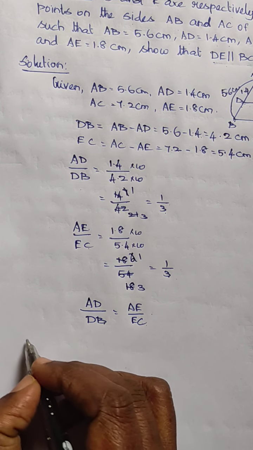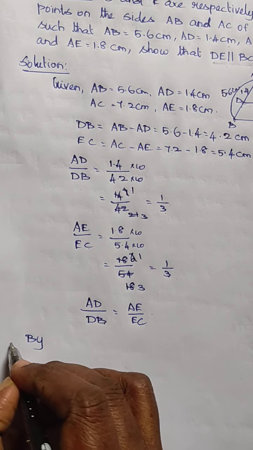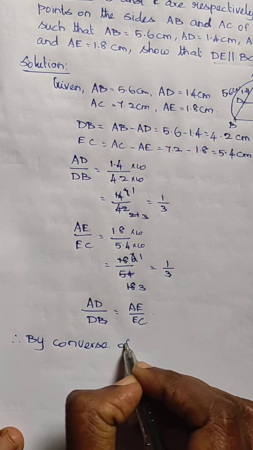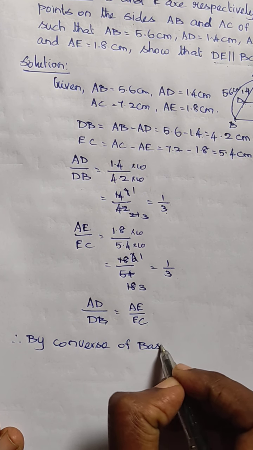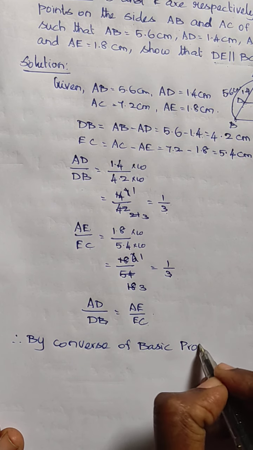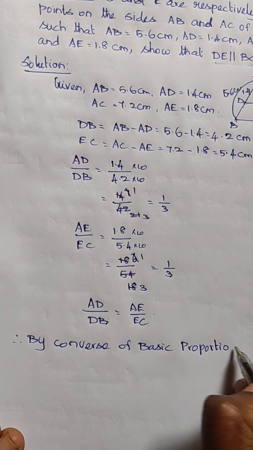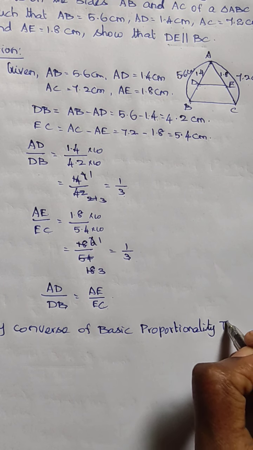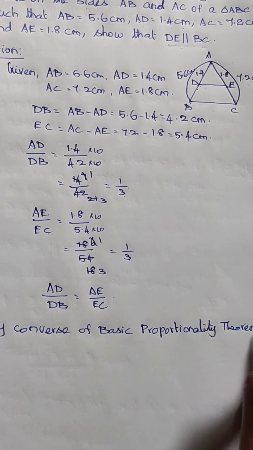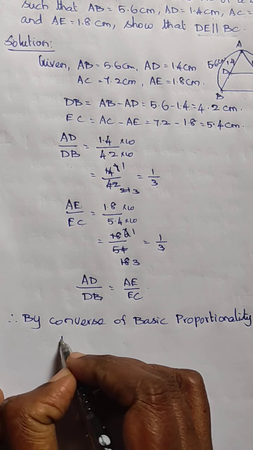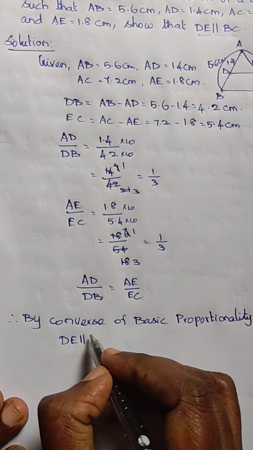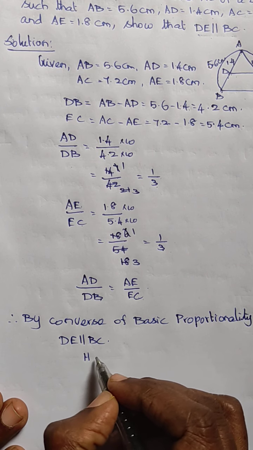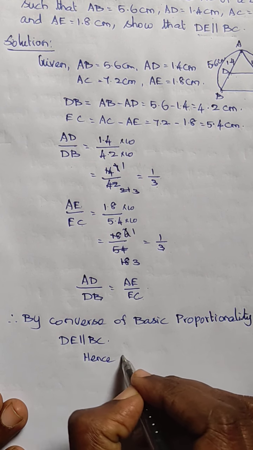Therefore, by converse of basic proportionality theorem, we have DE parallel to BC. So this is what we wanted to prove. Hence proved.